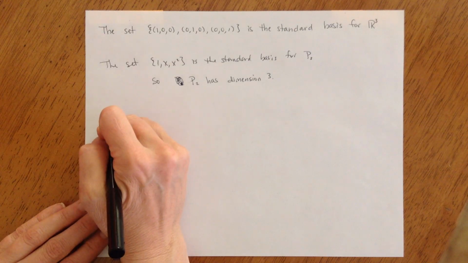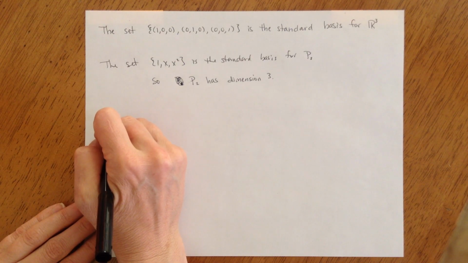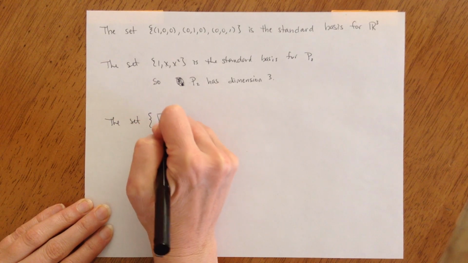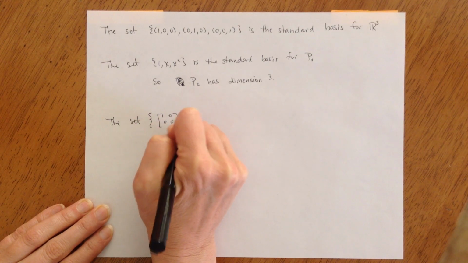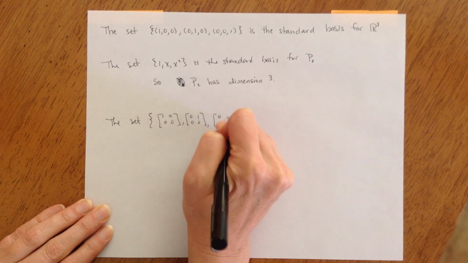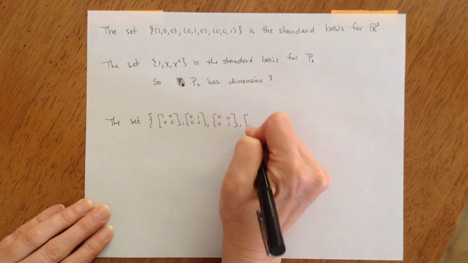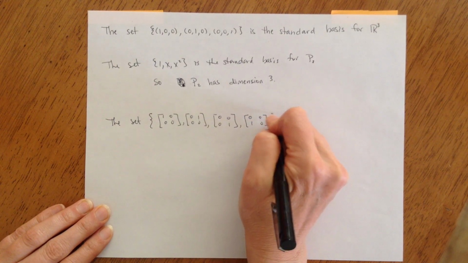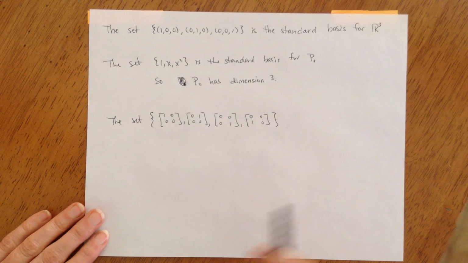Last time we looked at a set, I think we looked at this in the last video, 1 0 0 0, 0 1 0 0, 0 0 1, and what am I missing there? I went in the wrong order. It's alright, doesn't matter. So I got one wrong there.